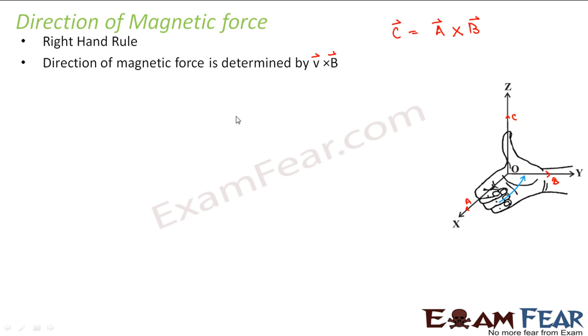The first thing to do is determine the direction of velocity and the direction of magnetic field. Then curl all four fingers from the direction of velocity towards the direction of magnetic field. Wherever your thumb is pointing will be the direction of the magnetic force. I know it is not very simple, but you will have to try this over a couple of figures and only then can you understand.